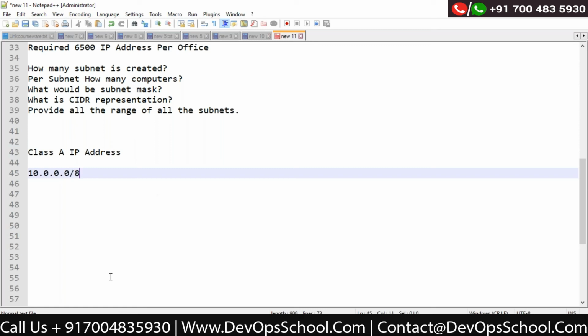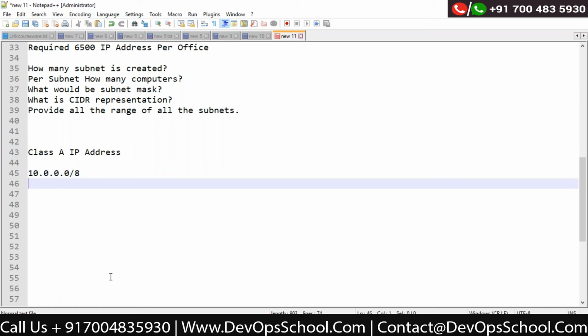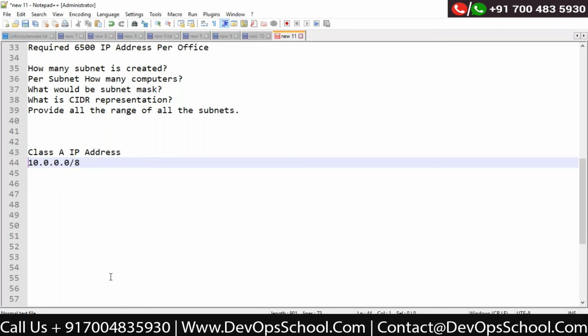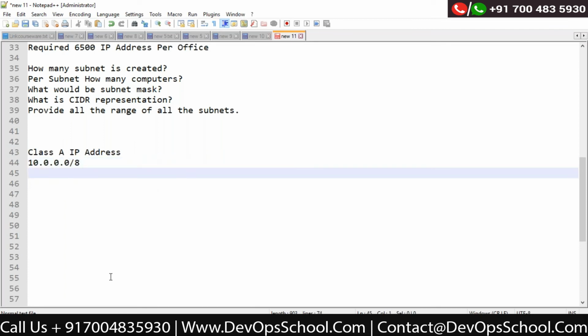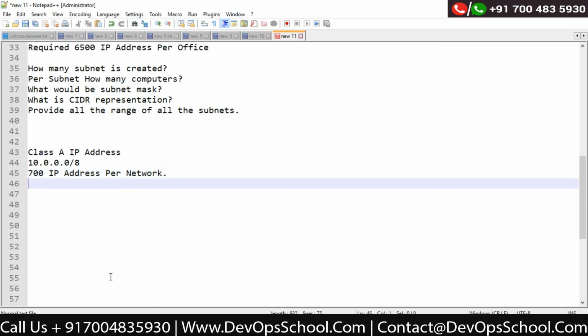Okay, so by default 8 would be the network bits and 24 would be the host bits in this case, correct? Now my requirement is, I require 700 IP addresses per network. Okay.